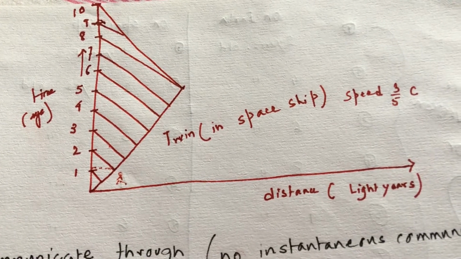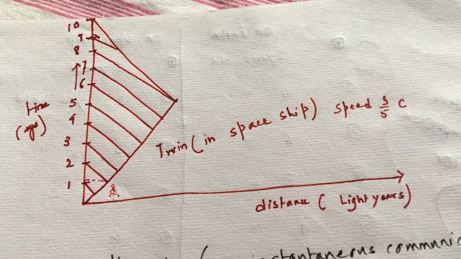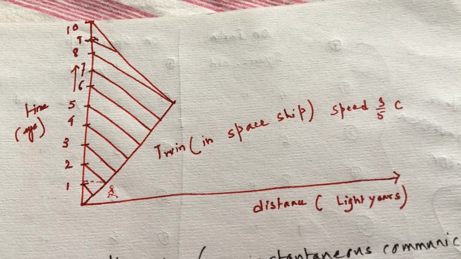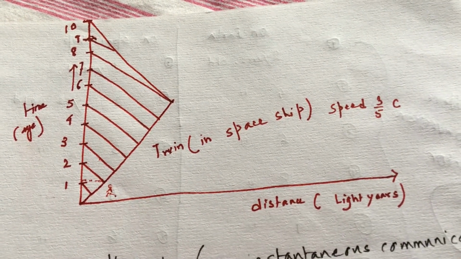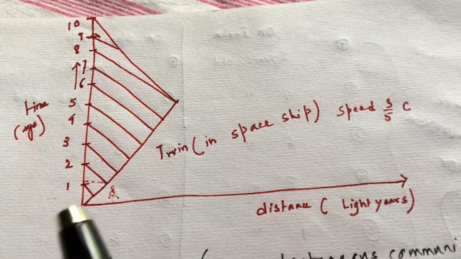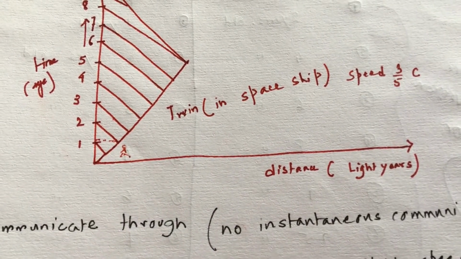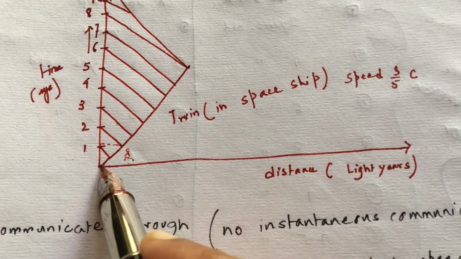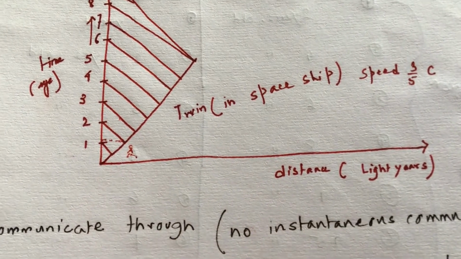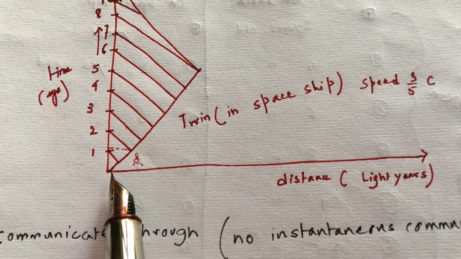Suppose you are inside a train. The train starts its journey suddenly and you will be pushed a little backward. You can feel that there is acceleration. So here the twin inside the spaceship will experience acceleration at first, when the spaceship starts its journey from Earth.